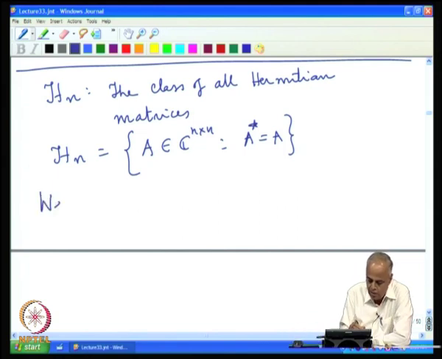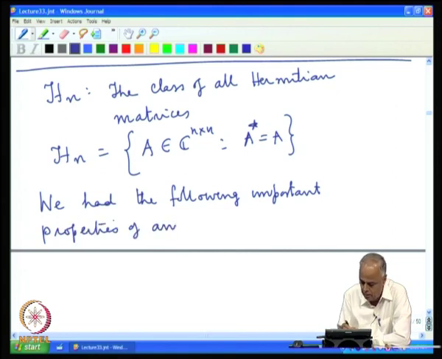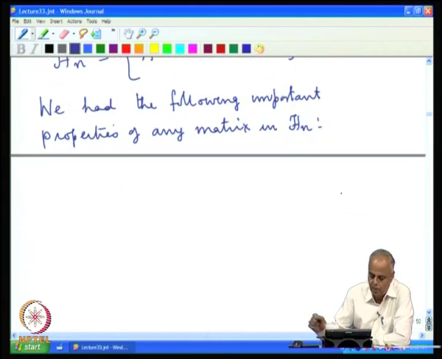We observed the following important properties of any matrix in Hn. That is, any Hermitian matrix will have these following properties.